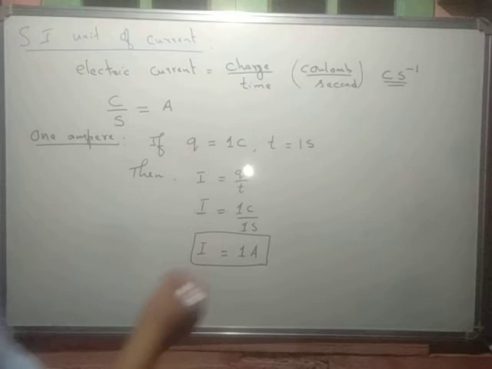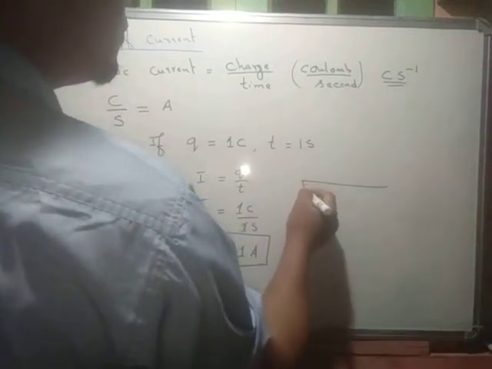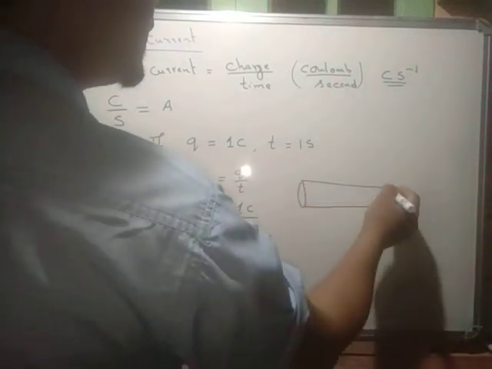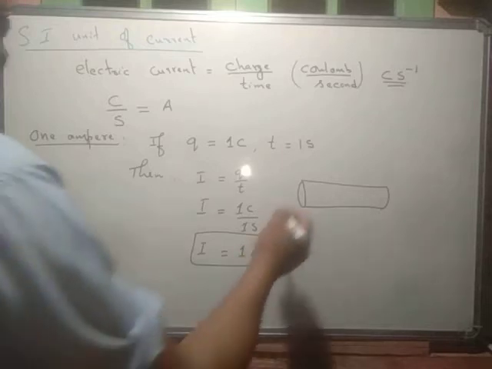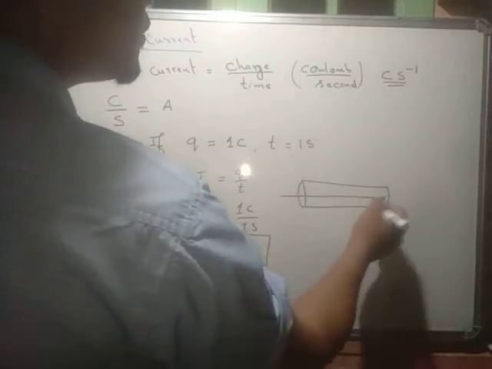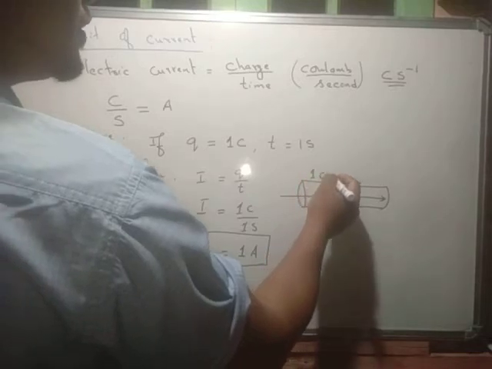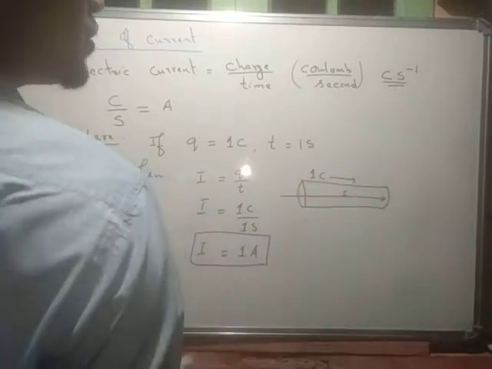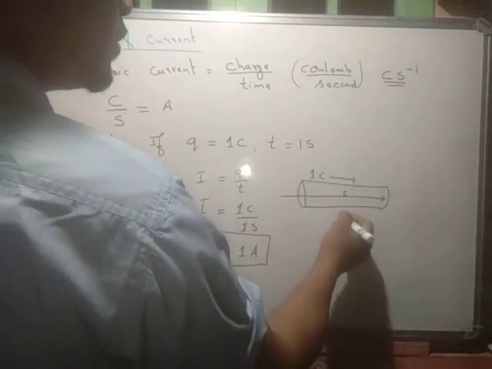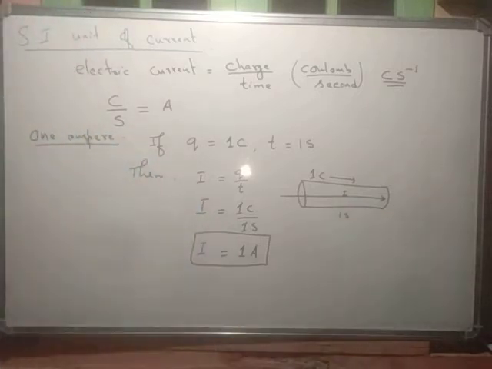So we define 1 ampere as the current which is passing through the conductor when a charge of 1 coulomb is passing through the conductor in 1 second. That is the meaning of 1 ampere.